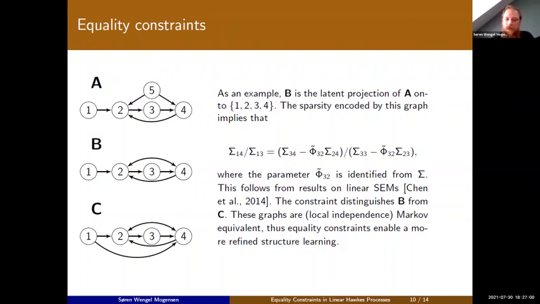Local independence is analogous to conditional independence, but just caters to these continuous time stochastic processes. So the graphs B and C are examples of Markov equivalent graphs under local independence that I can distinguish with these equality constraints.